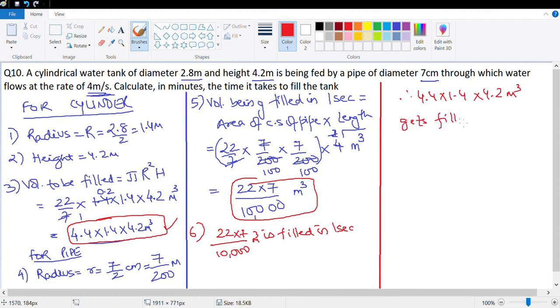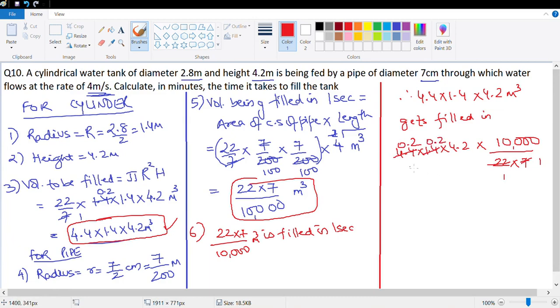That's unitary method. So 4.4 into 1.4 into 4.2 multiplied with 1 divided by this. So this is multiplied with 10,000 upon 22 into 7. Right, this is correct. Let's now divide. 22 cancels with 22 into 0.2, and 7 with 7.